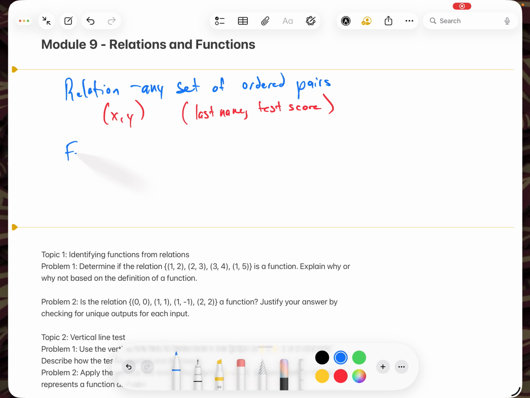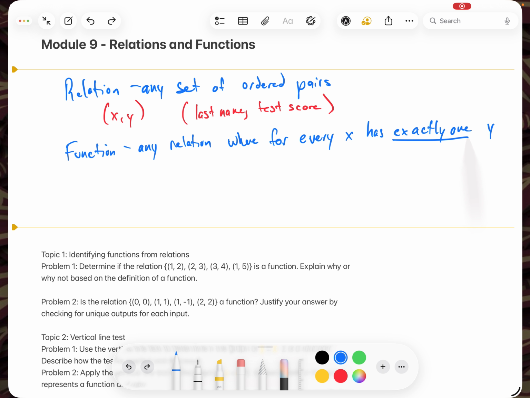A function is any relation where every X has exactly one Y. So if I ask you what your X goes with, you have one answer.